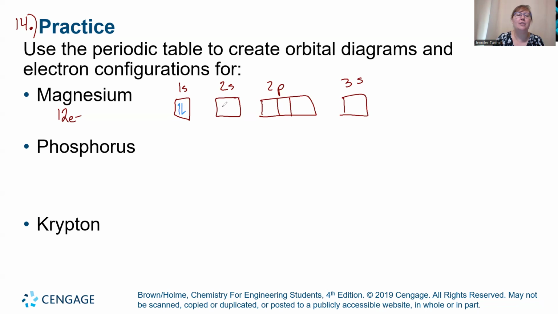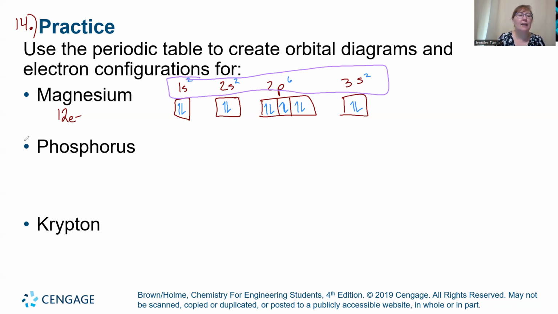We have 1, 2, 3, 4, 5, 6, 7, 8, 9, 10, 11, 12. So that means that my electron configuration is 1s2 because there are 2 electrons, 2s2 because there are 2 electrons, 2p6 because I have 6 electrons here, and 3s2 because I have those 2 electrons there. So this is what we would call an electron configuration.